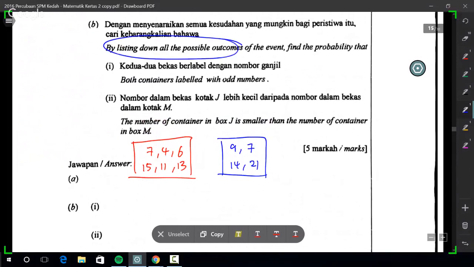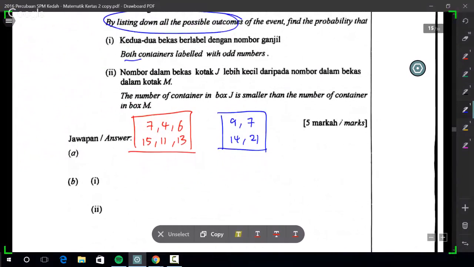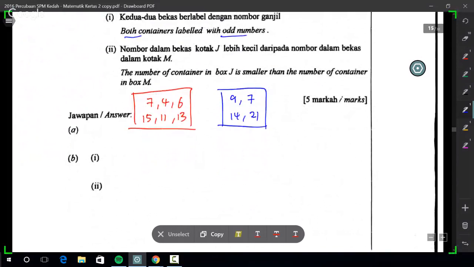So basically, you will need to list down where both are odd numbers. So you can have 7 with 9. I mean, you have a bracket here, 7, 9, comma, and then you have 7, 7 here, comma, and then you have 7, 21 here. These are odd numbers. And then 4 and 6 are not odd numbers.